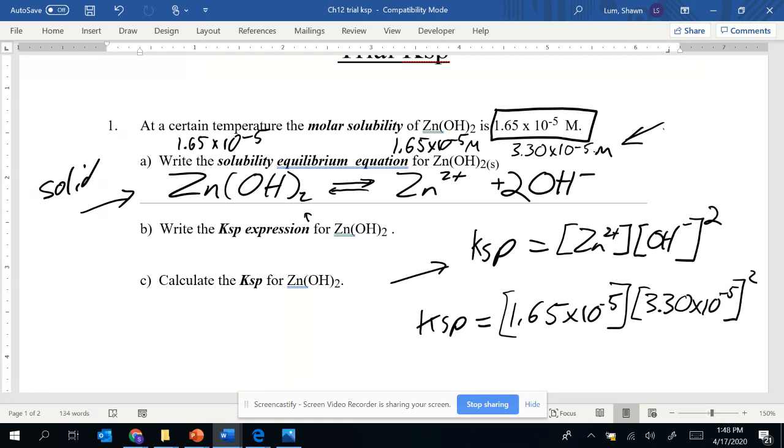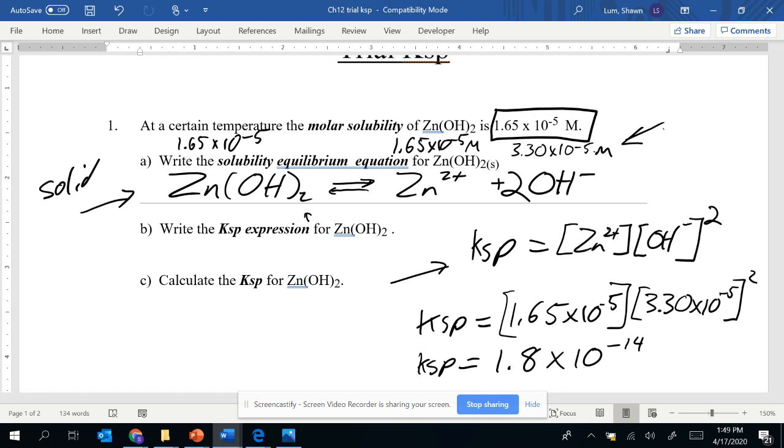So I'm going to put that into my calculator: 1.65 times 10 to the minus 5 times 3.3 times 10 to the minus 5 squared, equals. So my answer for my KSP expression is 1.796 or 1.8 times 10 to the minus 14.